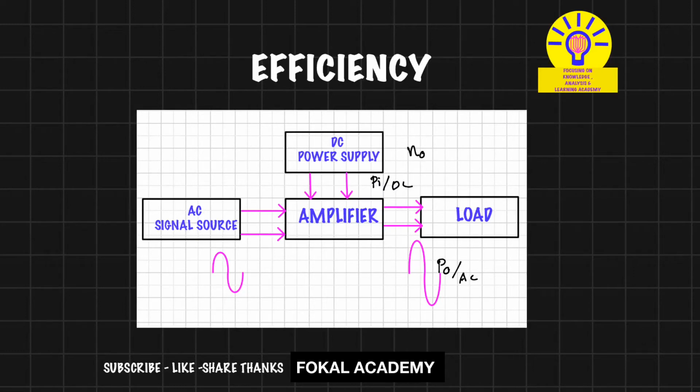Efficiency is calculated as eta percentage equals Po(AC) divided by Pi(DC), multiplied by 100. So the ratio of AC output power to DC input power, times 100, is the efficiency calculated for the amplifier.